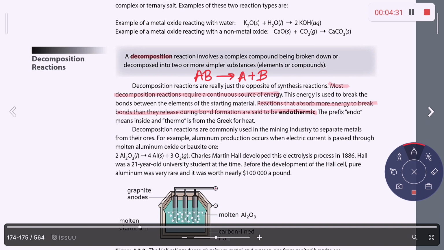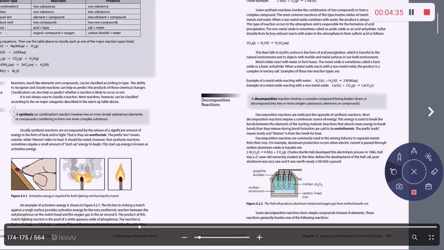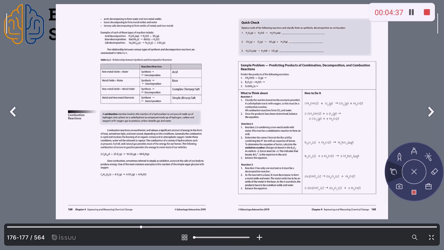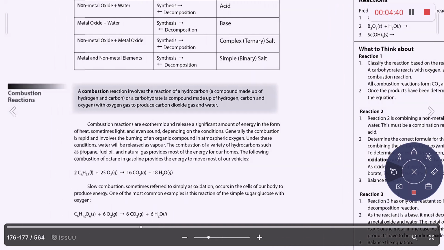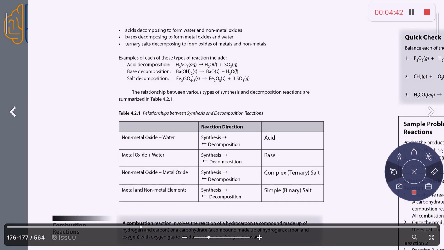Okay, let's take a look at the next page. On the next page, they have showed you at the top the reverse of the reactions that I showed you in the synthesis section.